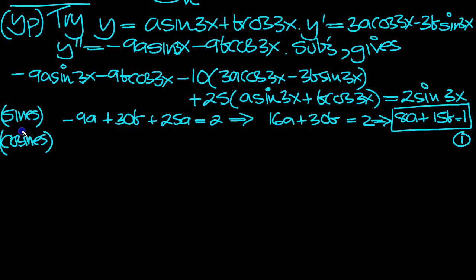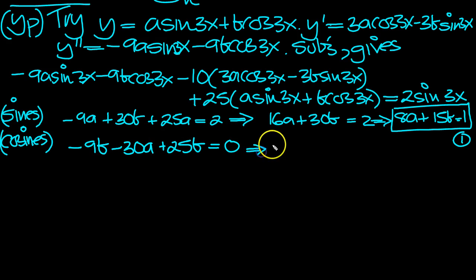Now we're looking at the cosines now. So we've got minus 9b there. The cosine here is minus 30a. And then the other cosine comes from 25b, doesn't it? And that's equal to how many cosines on the other side? None. So what have we got here? We've got 30a, which I'm going to move over here. 30a, that's on this side.